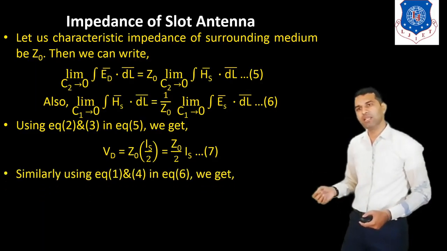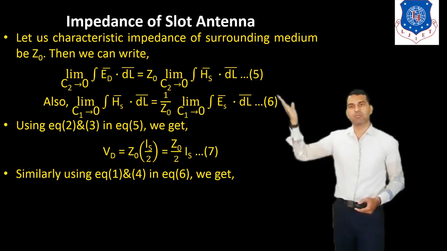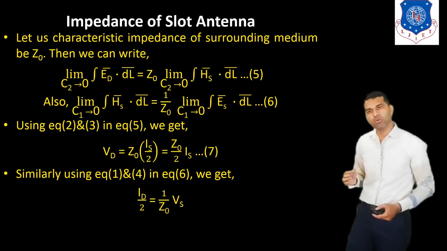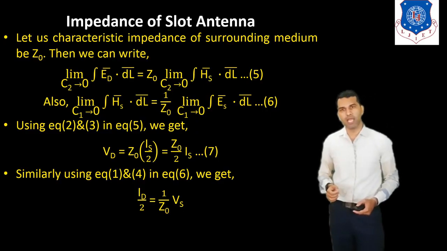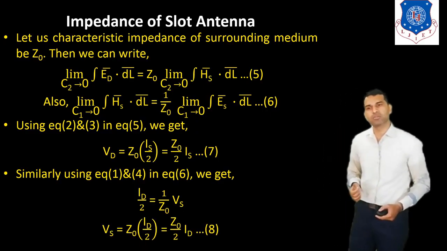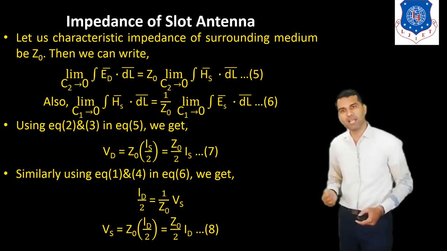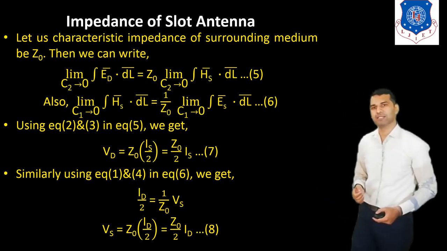Now, similarly, using equation number 1 and equation number 4 in equation number 6, we get Id by 2 equals 1 upon Z0 into Vs. So we can write simply Vs equals Z0 by 2 into Id.